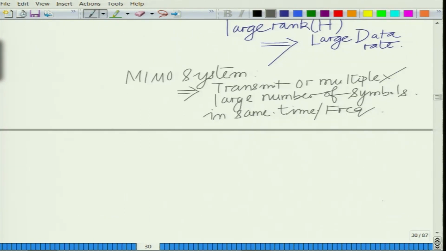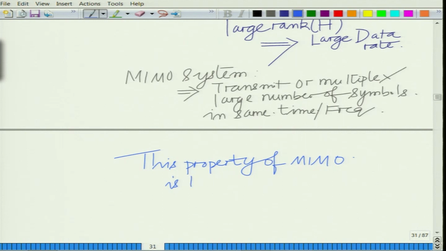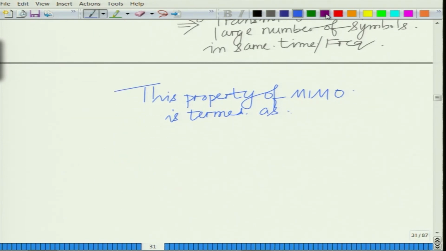This property of MIMO is termed as spatial multiplexing, right.